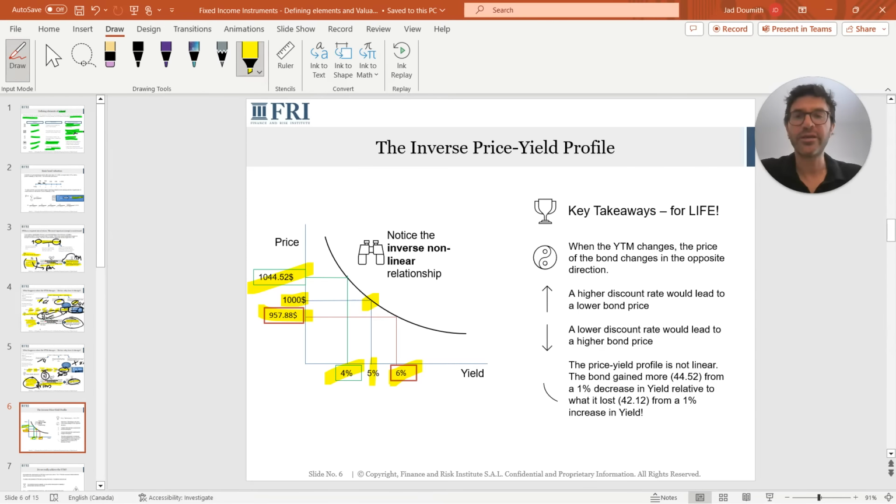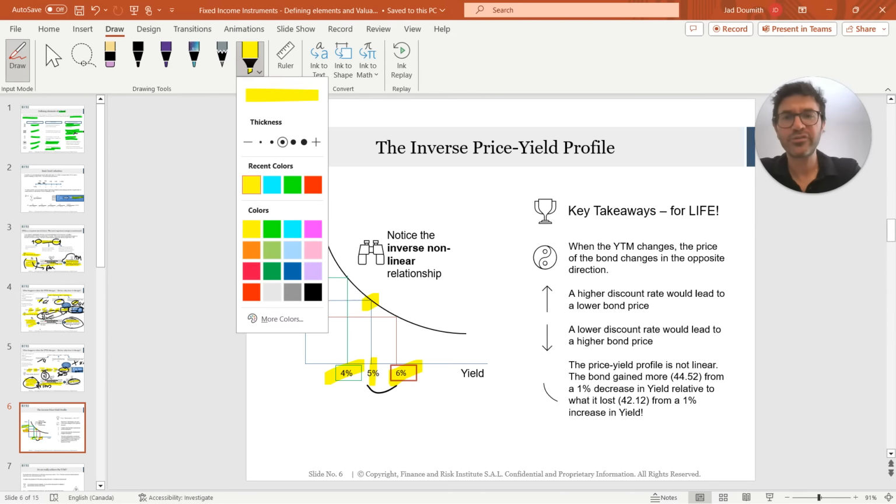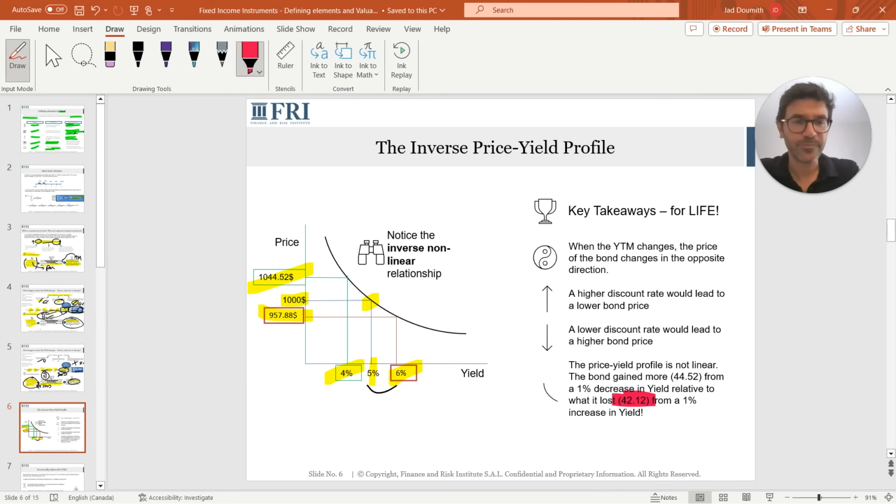Of course, again, in later videos, we will dissect this reality and understand duration, convexity. It will be a lot of fun to do that together. But for now, there are two things you need to understand. First, this is a non-linear relationship. It's a non-linear relationship in the sense that when the yield went up by 1%, the bond lost $42.